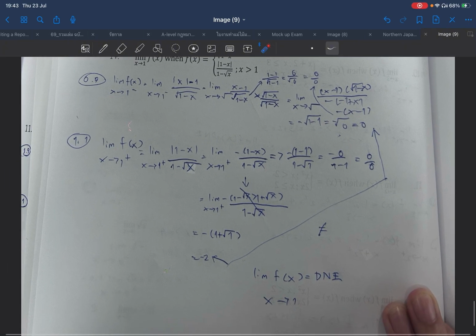Now for our right-hand limit, x is less than 1. So absolute x minus 1 equals 1 minus x. The fraction becomes minus 1 minus x over 1 minus root x, equals minus 0 over 1 minus 1, which we will get 0.